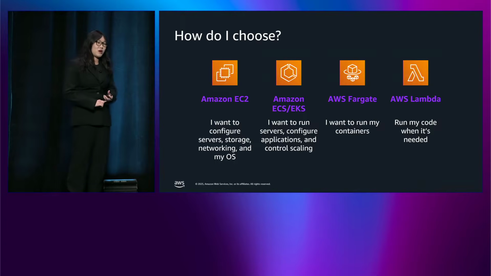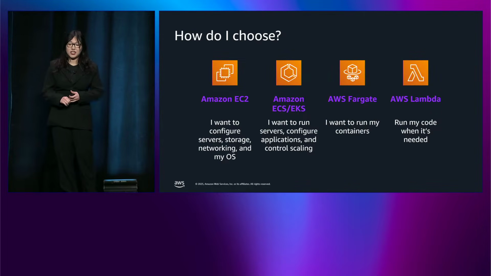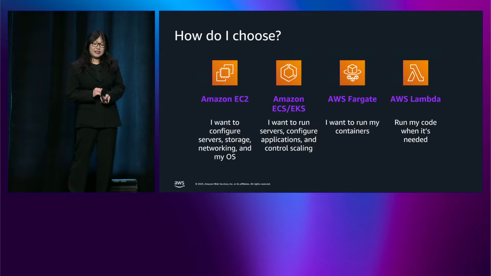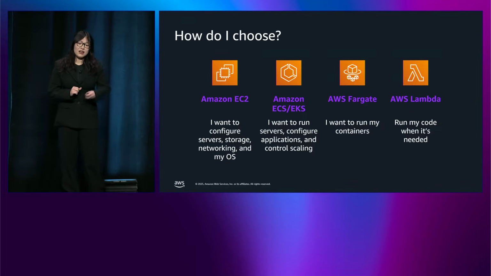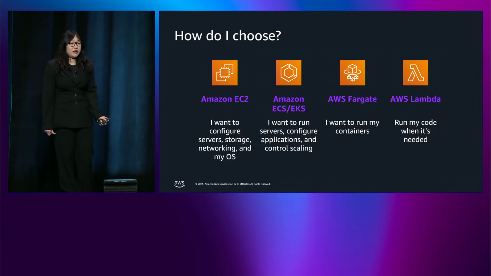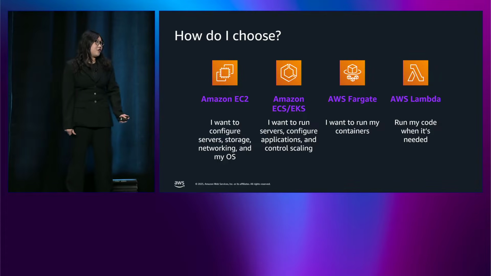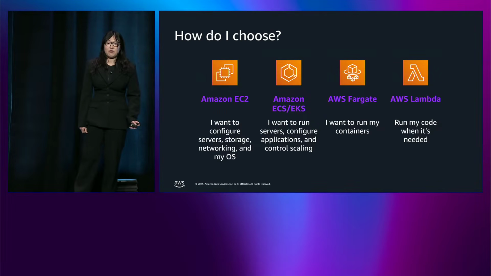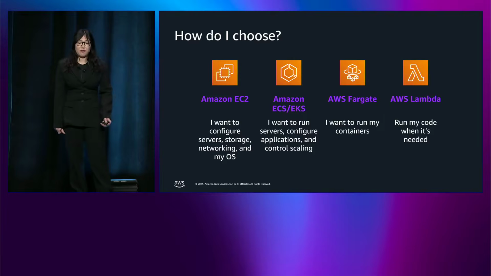So think about networking configuration or security configuration. EKS helps you run Kubernetes at scale. ECS, container management. And then as you move on to Fargate, right, you want to run your containers without having to manage servers. And as you go for AWS Lambda, you're really only worrying about your code and running it when it's needed.